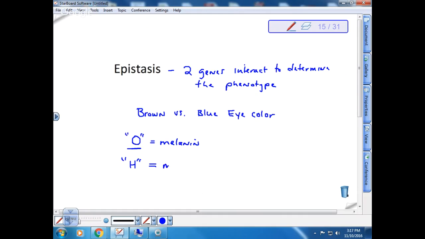So it'd be the melanin distribution, or melanin presence. We'll just say melanin presence in eye, right? So in this one, we're going to say that there's 2 alleles. So H is normal. Little h means that it's abnormal and there's no melanin. And this gives you the blue eye color.